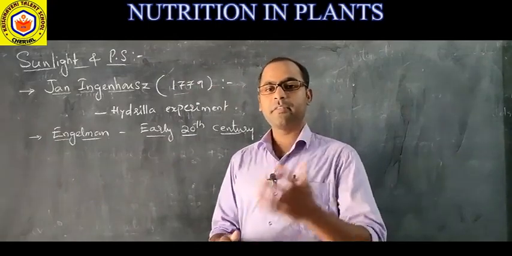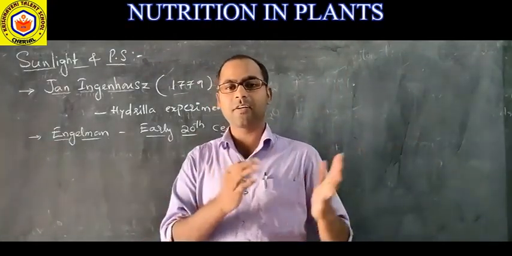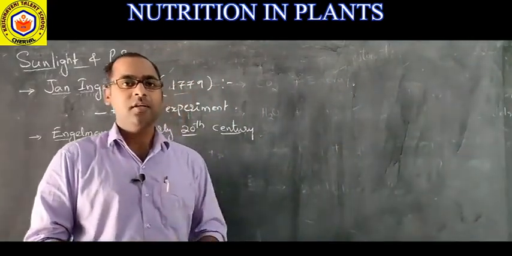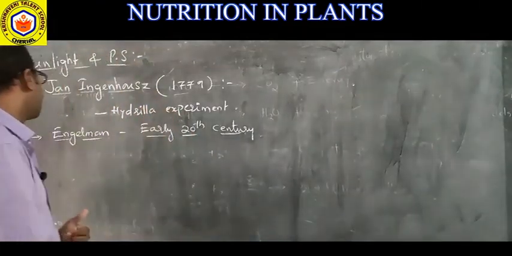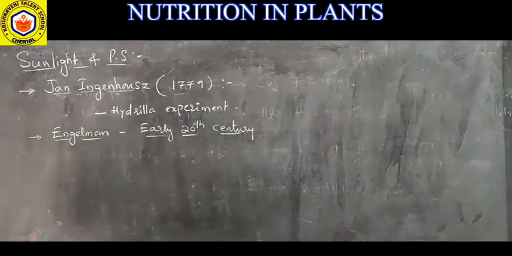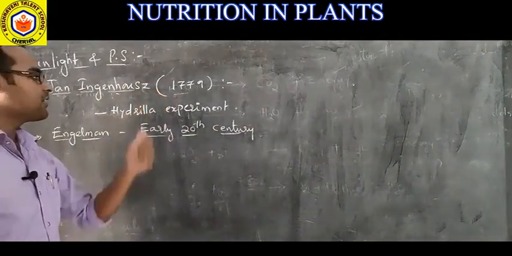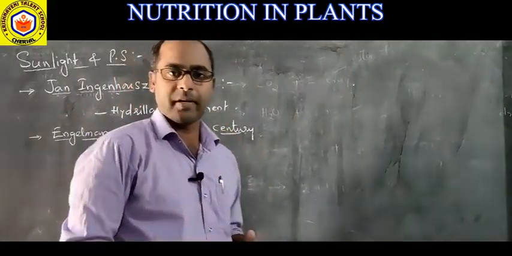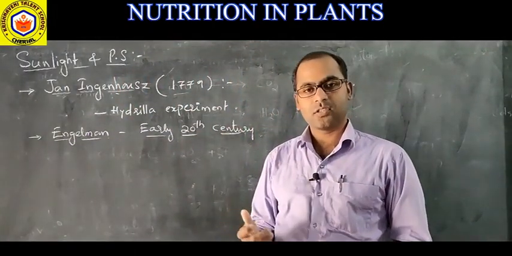In support of the previous confirmation that sunlight is necessary for photosynthesis, which we confirmed in the equation we have discussed just now, John Ingenhousz in 1779 performed an activity by taking hydrilla plants. He performed an experiment to prove that sunlight is necessary for photosynthesis.